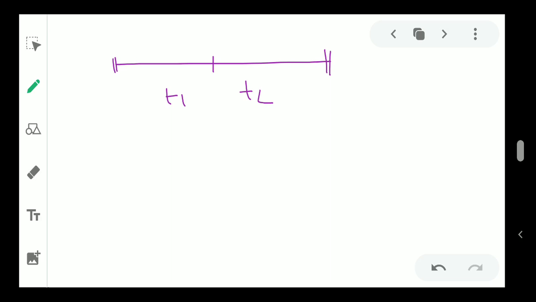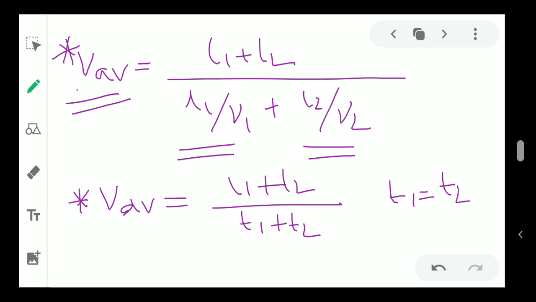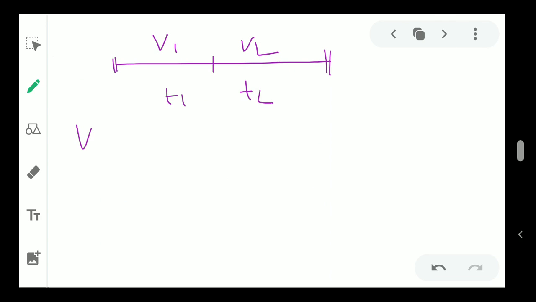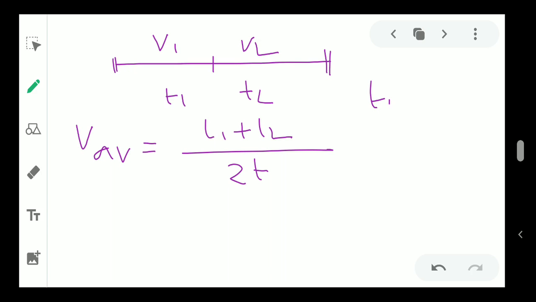In that case, if this is v1 and this is v2, my v average I can write, instead of t1 and t2, as L1 plus L2 by 2T, right? Because my t1 equals t2 equals T, for special cases where there is uniform acceleration.